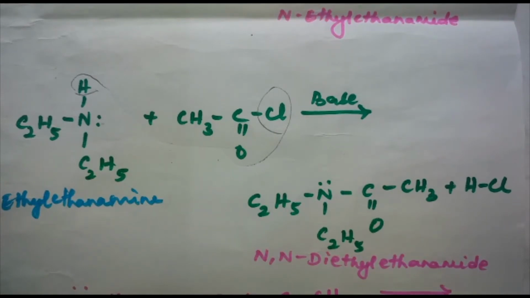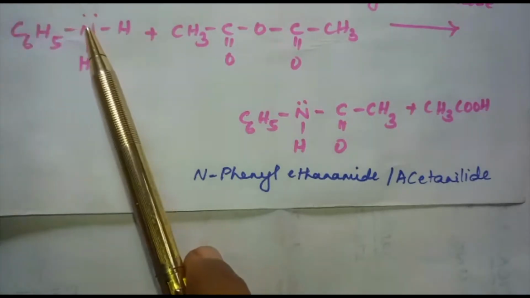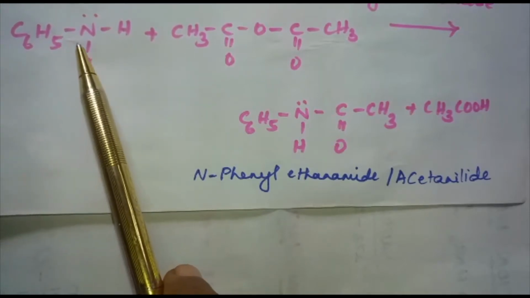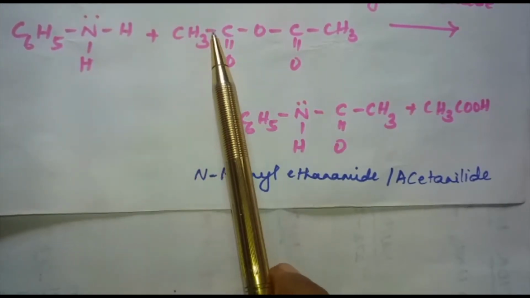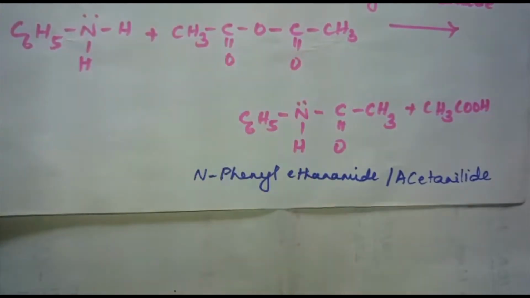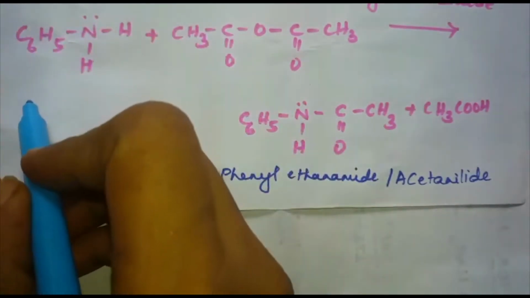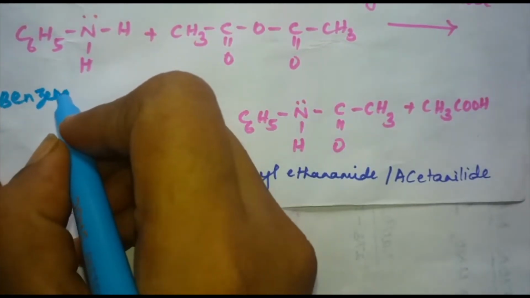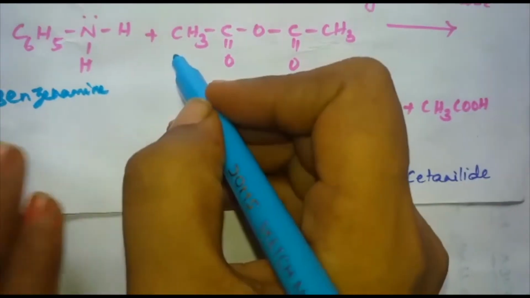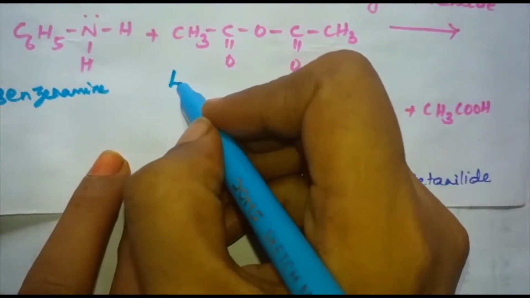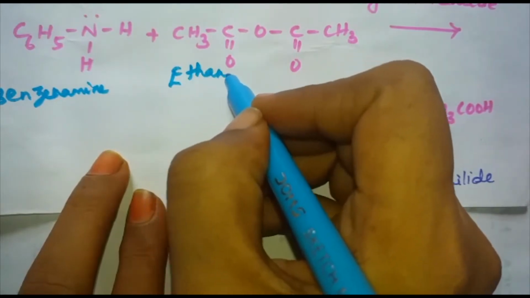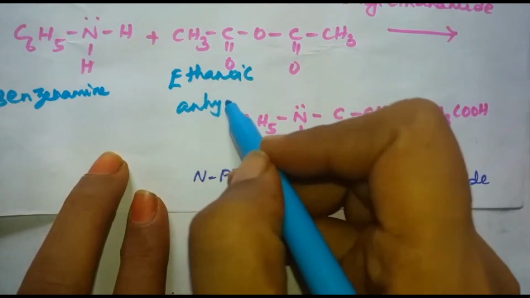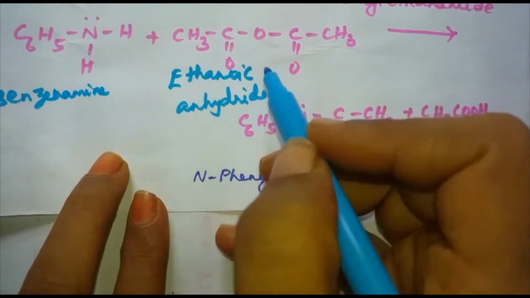So the next reaction is the reaction of benzenamine, which is nothing but aniline, C6H5NH2, with ethanoic anhydride. This is benzenamine with ethanoic anhydride.